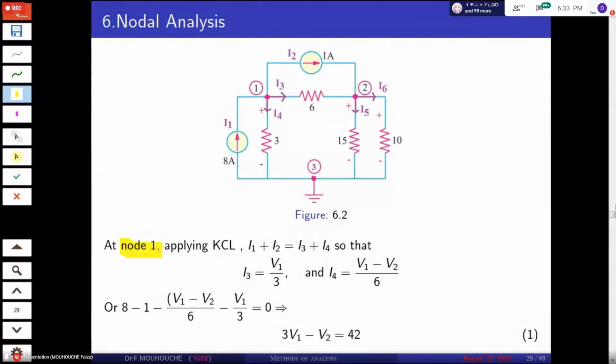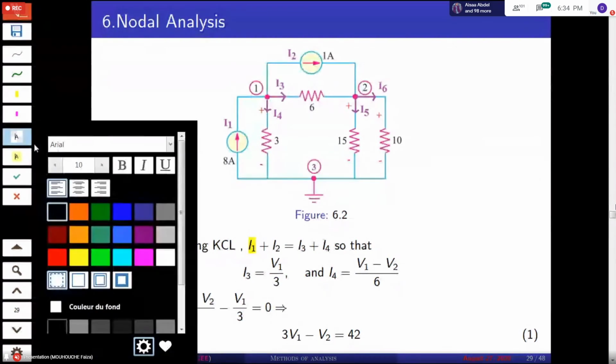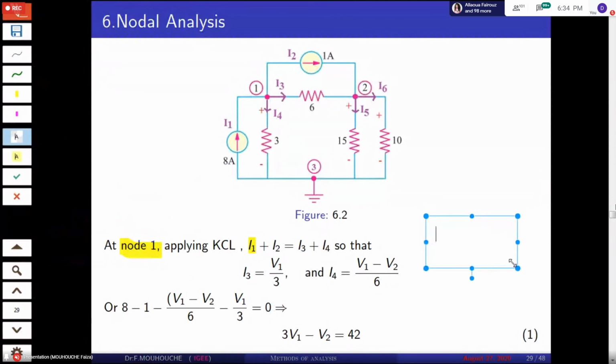What do we have in node 1? We have I1 equal to I2 plus I3 plus I4.